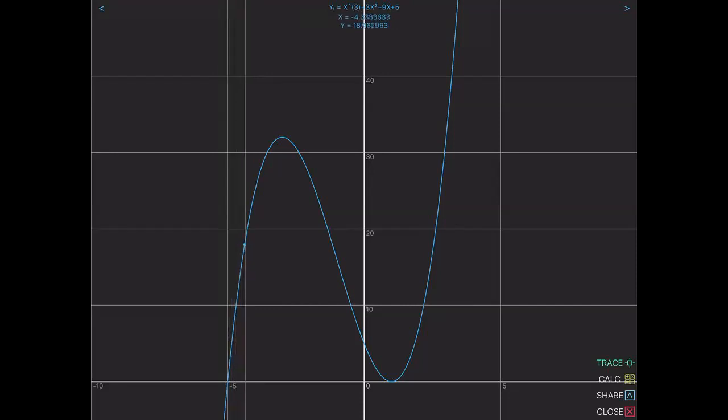The function is opening downwards, it has a downwards type of parabola shape. And then at some point, in this case at -1, which is kind of hard to get exact here, the curvature of the function starts to change and starts to open upwards. Okay, so before -1, our function has a downwards type of shape. And after -1, it starts to open upwards and is concave up.